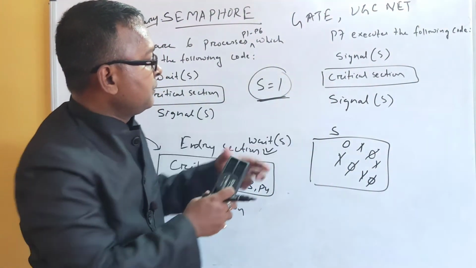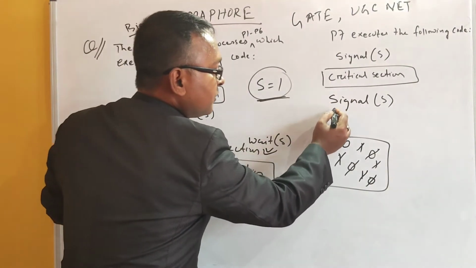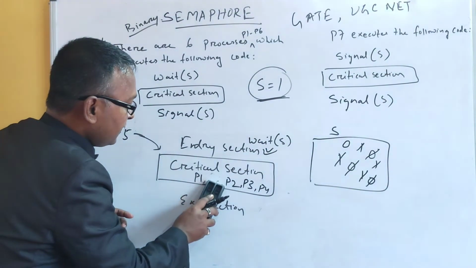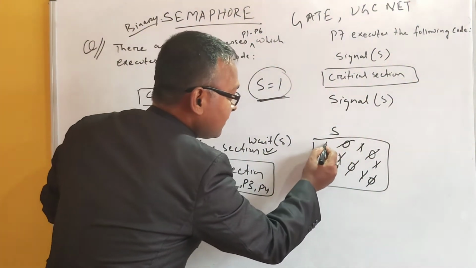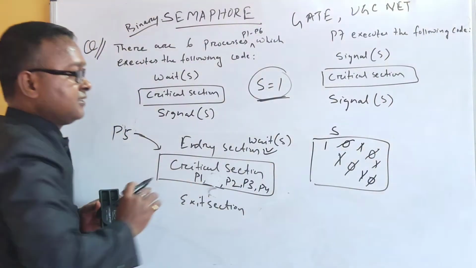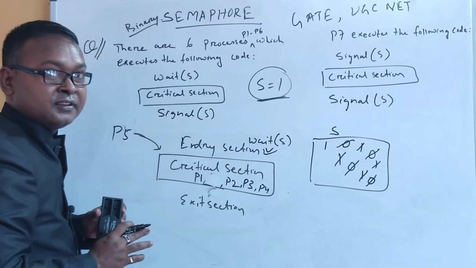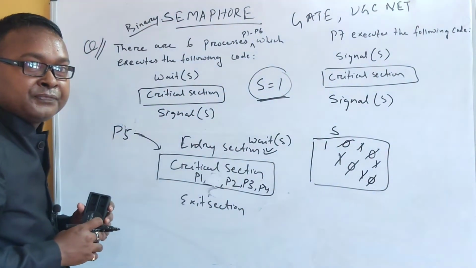P7's critical section has completed. So it wants to come out, which means it will execute the signal operation. P7, thereby executing the signal operation and incrementing the semaphore value to 1, can exit. So P7 has exited. Our semaphore value is 1 right now.